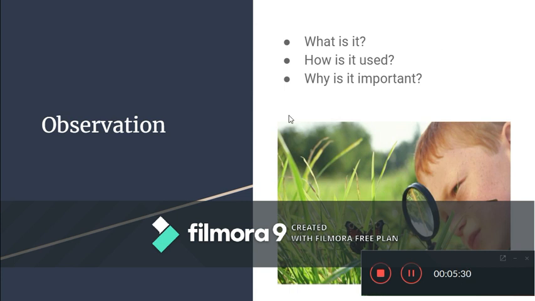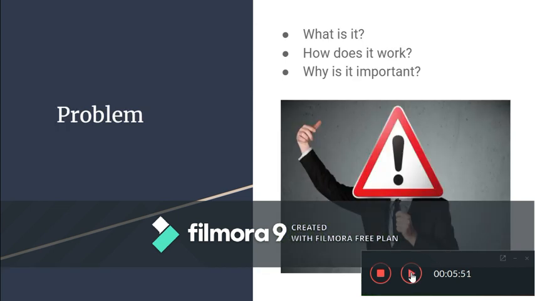It's basically the situation or what you just observed. It's basically, now how am I going to fit this into something else? How does it work? And why is it important? I think the problem is very important because you want to make sure that you know exactly what you're pinpointing. And sometimes that'll raise a claim, and I'll talk about a claim in another video.